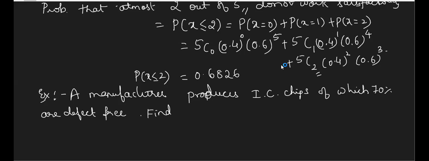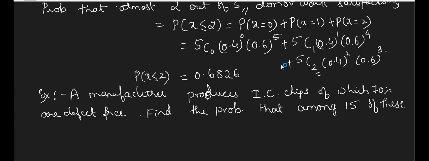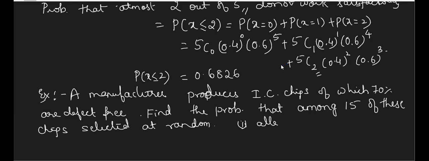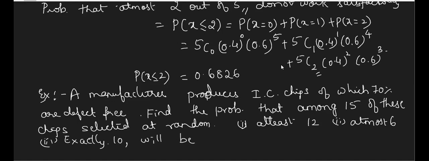Find the probability that among 15 of these chips, selected at random, first condition, at least 12; second, at most 6; third, exactly 10, will be non-defective.